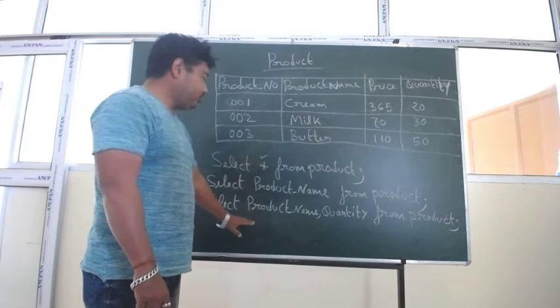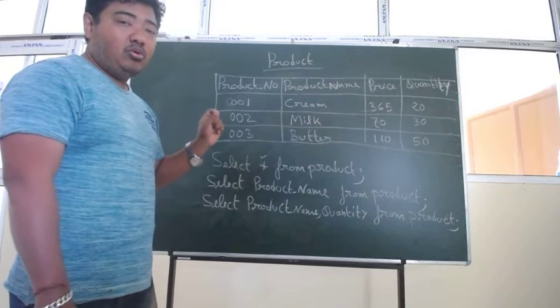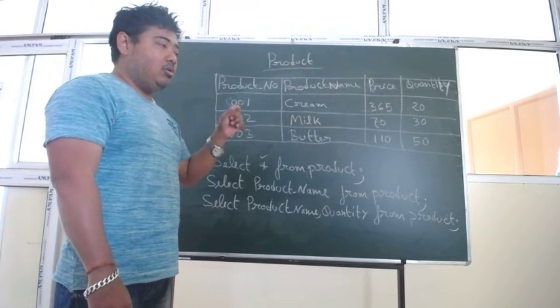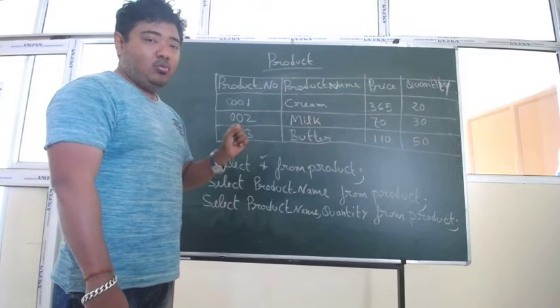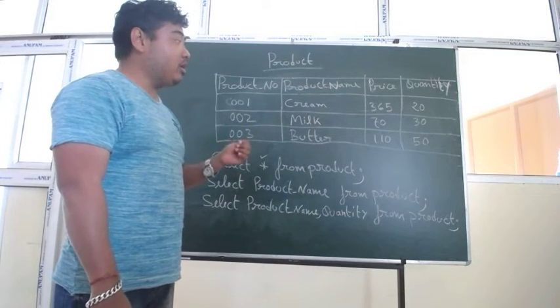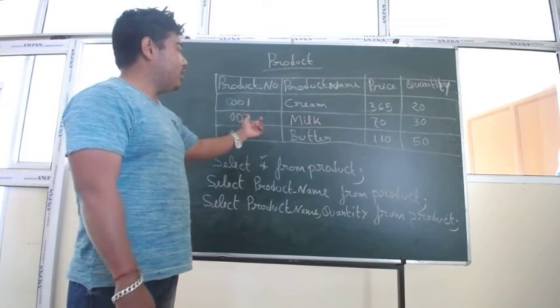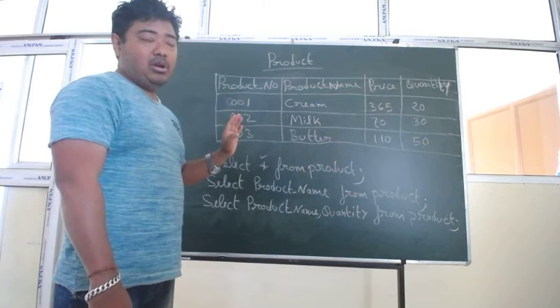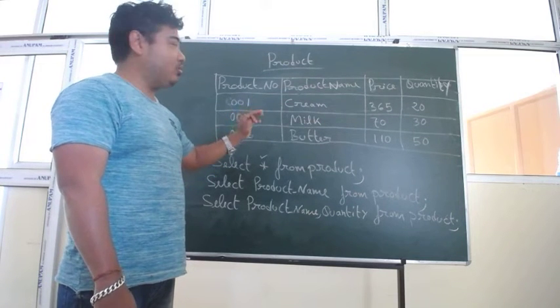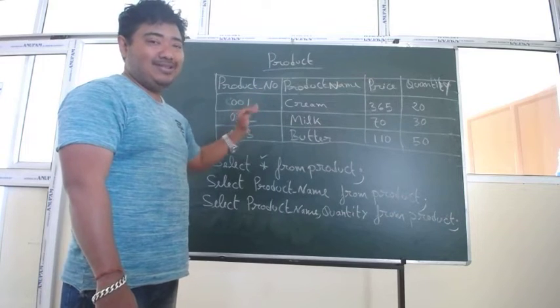Now, suppose I want to see only those records where quantity is more than 20, or records where quantity is equal to 50, or only the records of cream and butter. I don't want to see any other record. I want to see only the record of the product name where the product name is cream.